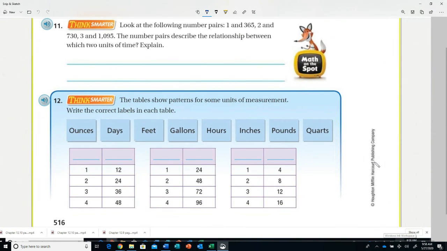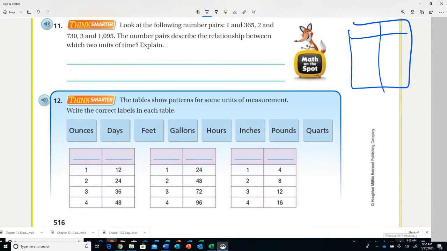Explain. Well, I hope if you saw a chart that said, we'll leave the top line for words, 1 and 365, 2 and 730, and 3 and 1095, you would come to know that this would be years in terms of days. 365 days equals 1 year.